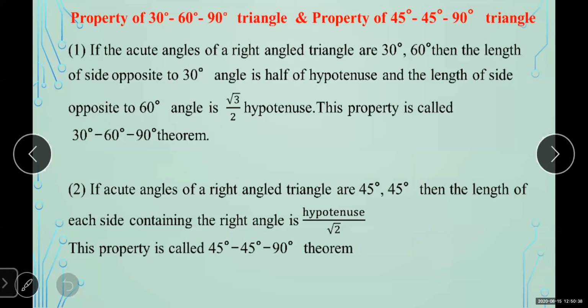If both angles are the same, their opposite sides are also the same. So the side opposite to the 45 degree is 1 upon root 2 times the hypotenuse. We will clear these things again in the next lecture.